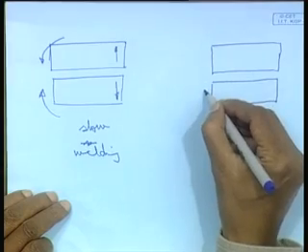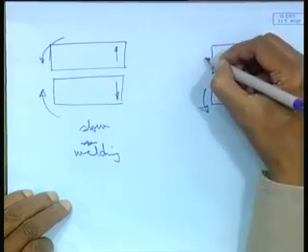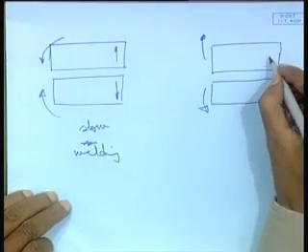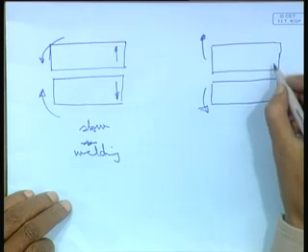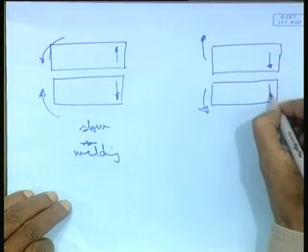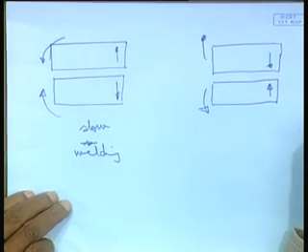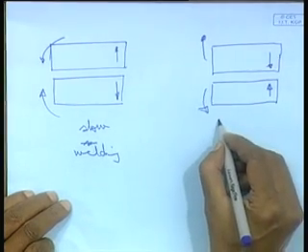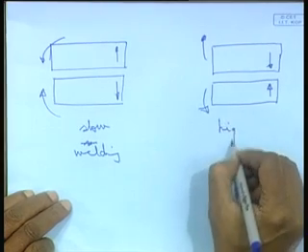That means, the plates are going outwards. If this is going outwards, these are tending to come inwards at this end. This is in higher speed welding.